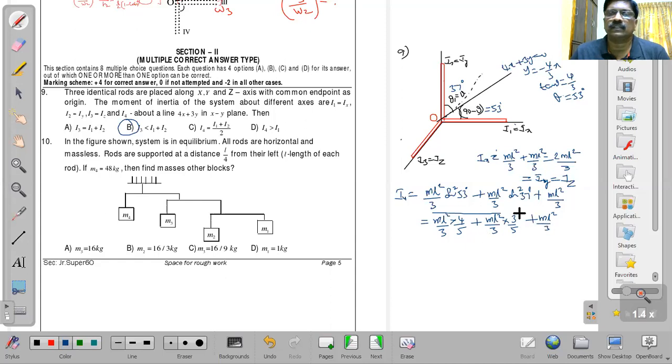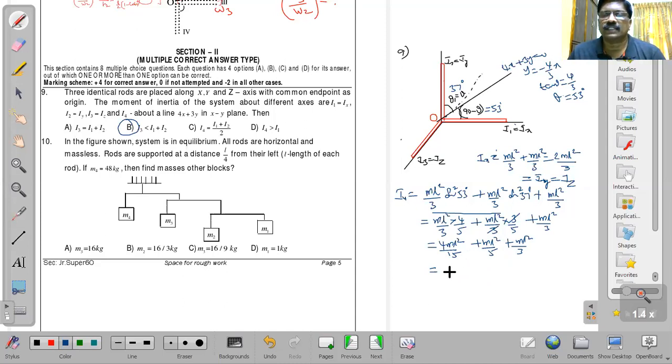So here 3 cancel. Therefore 4 ml square by 15 plus ml square by 5 plus ml square by 3. When you take LCM, 15 is LCM, then 4 ml square plus 3 ml square, 7 ml square by 15 you will get, no?